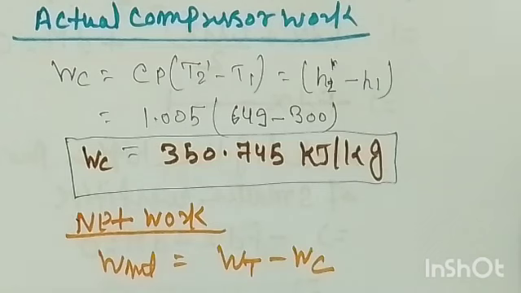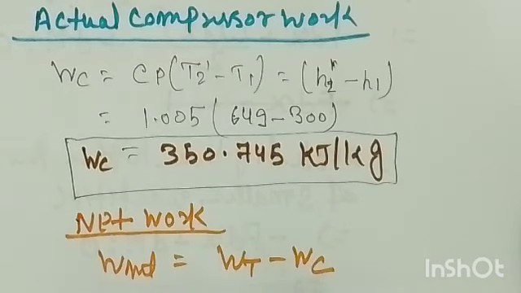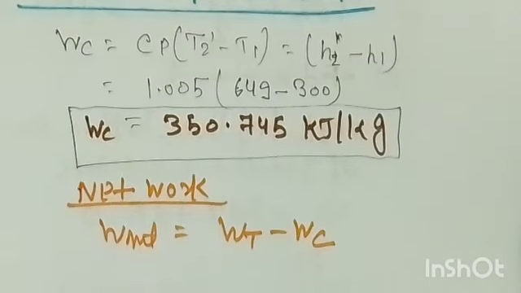Why? Because in a gas turbine plant the compressor is work in, meaning we have to give work to the compressor, and the turbine is the power output. First we supply work to the compressor, and the remaining work is responsible for power generation. So to find the efficiency of the plant, you need to subtract the compressor work.